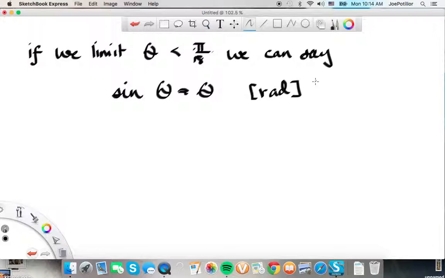So when we limit the angle to something small, our pendulum follows simple harmonic motion. The idea is it has a sine and cosine curve, if we limit the angle. If we do not limit the angle, then we have different situations, and we'll talk about that later in a different chapter. Okay.